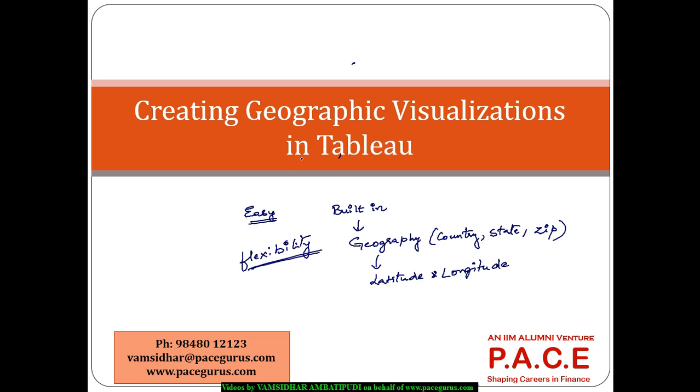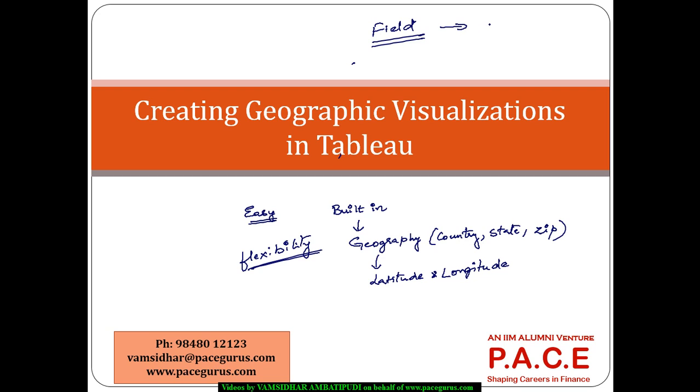And if we look at in general, the majority of the databases strictly don't define the geographical fields. But Tableau has done that. So based on the field name, if your field name is country, state, city, etc., there is some kind of an assignment of a geographic value, which is the latitude and longitude.